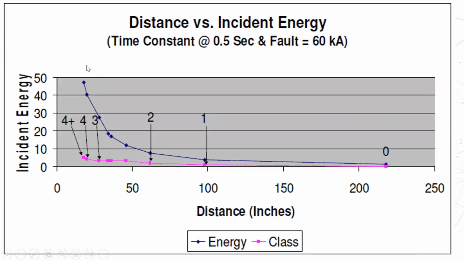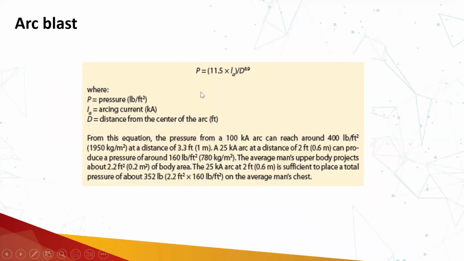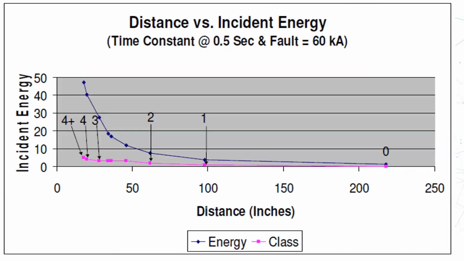This graph is not related to arc blast; it was for the incident energy which we saw. A similar graph can be drawn using this formula as well. Just increase the distance in feet while keeping the arcing current constant, and you can find the actual pressure at that particular location.